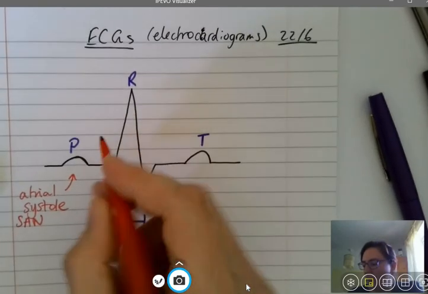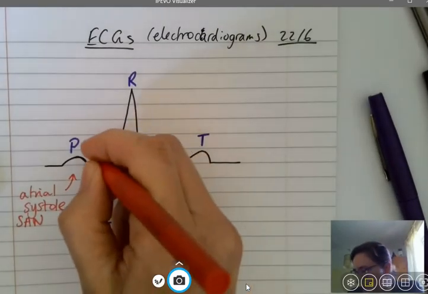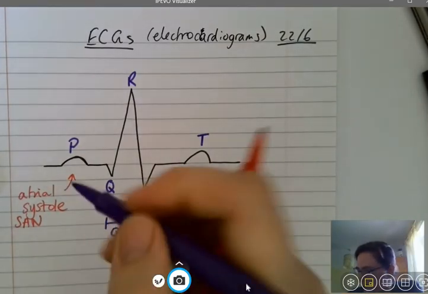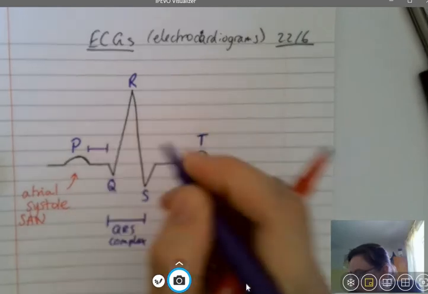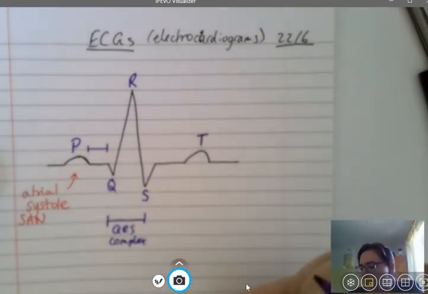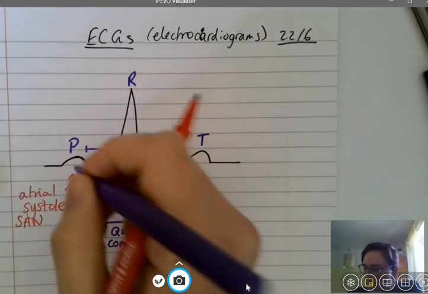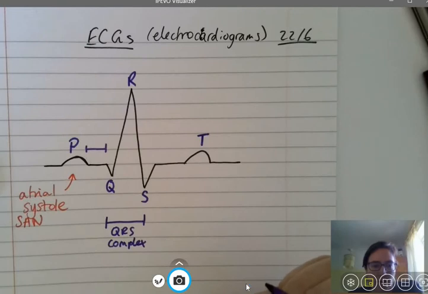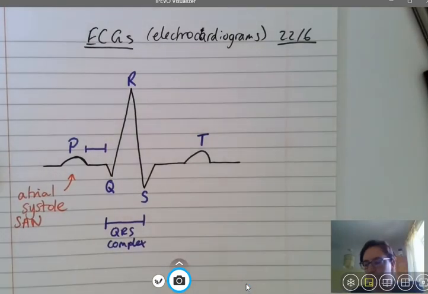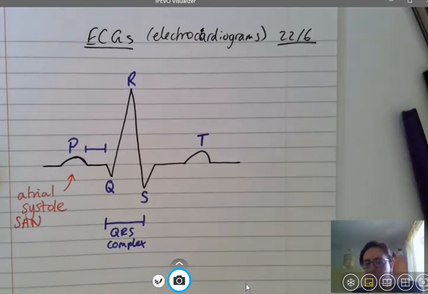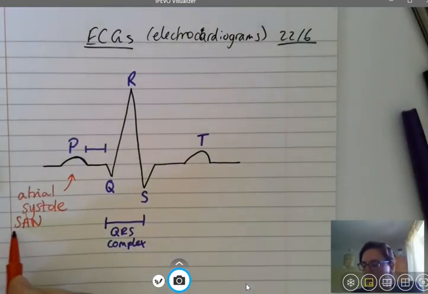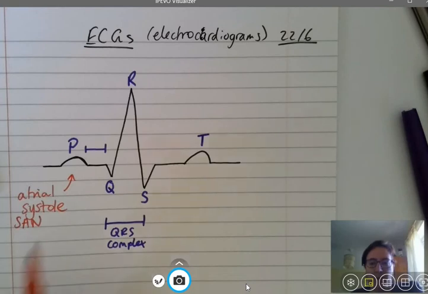We then have a pause. So this little pause here, where there's no electrical activity, any ideas what might be happening at this point? Think about how it links to our sinoatrial node.